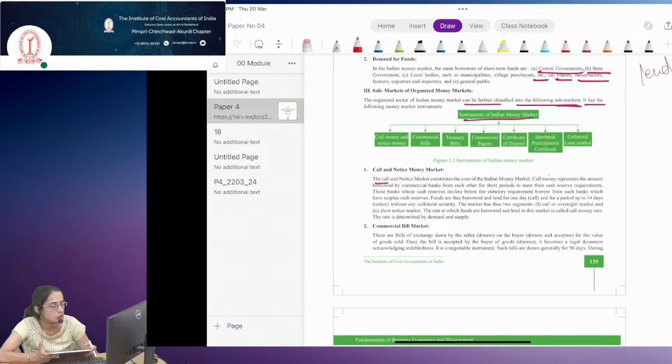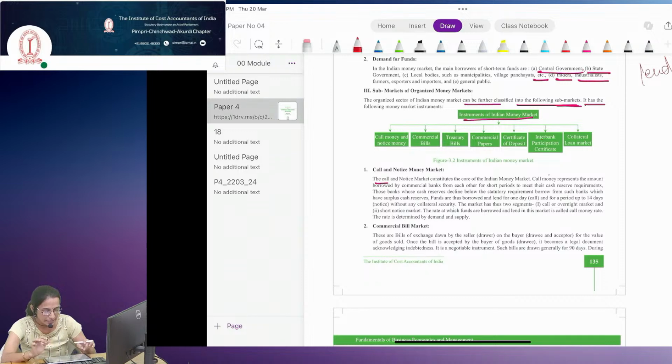So, these are the short term money requirements which are provided by the commercial bank to meet the cash requirements. The call and notice market constitutes the core of Indian money market. Call money represents the amount borrowed by commercial banks from each other for a short period to meet their cash requirement.